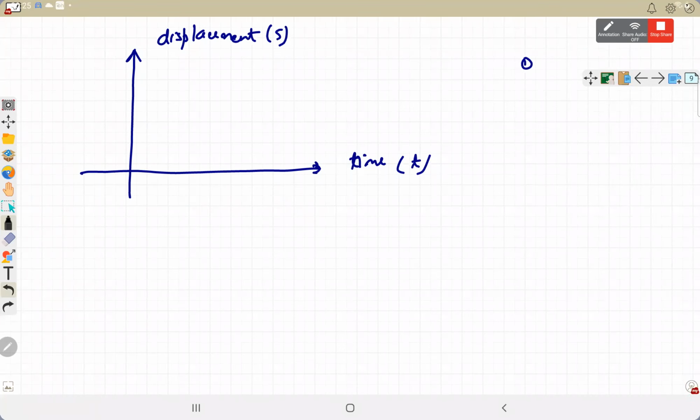It will be a downward parabola. Now suppose if we consider the displacement from the ground.